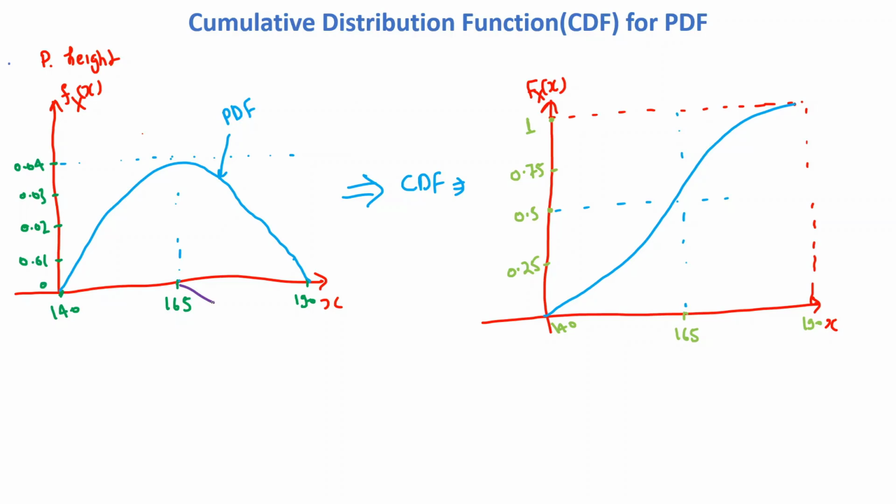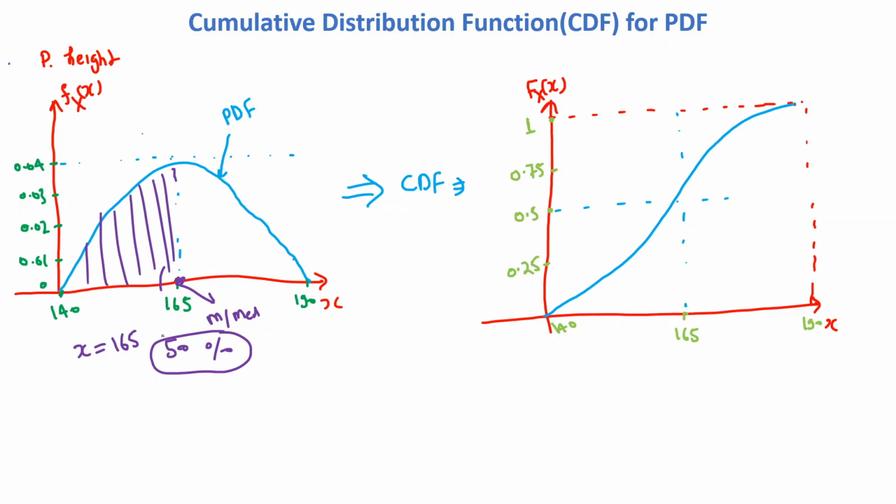165 is your mean or median. It means when the x is 165, we can say that this particular area would be, when the x is equal to 165, it means the area would be your 50%. This will cover the 50% area.